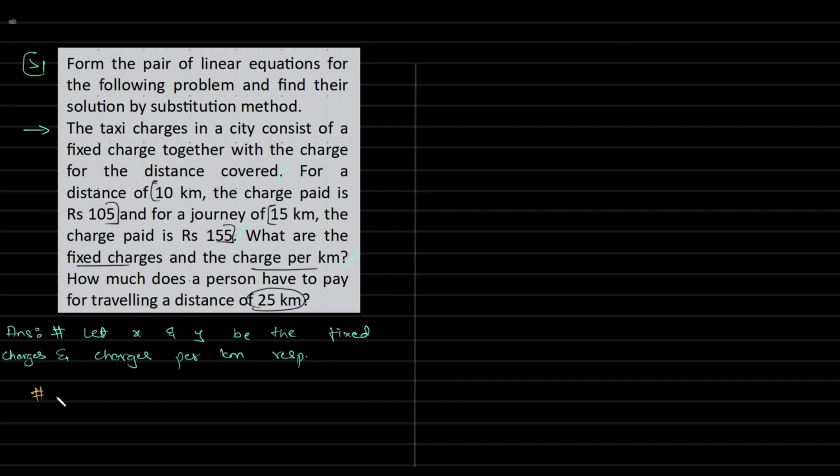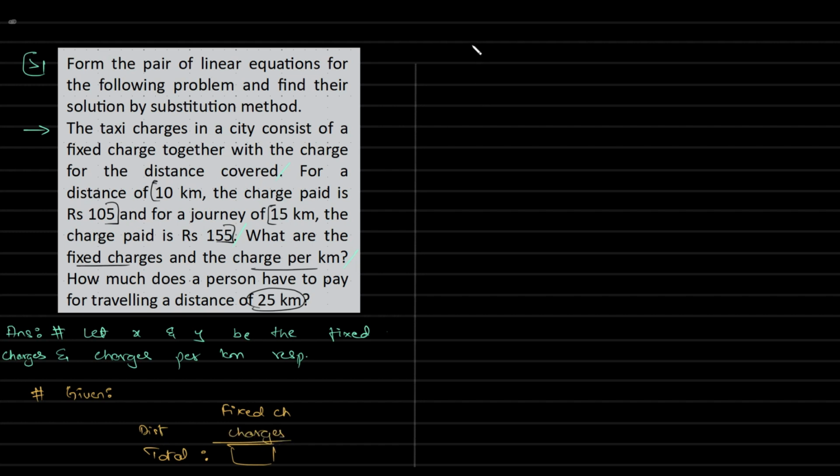So the next thing is we have to form the equations. What is given? A person pays 105 for traveling a distance of 10 kilometers. If you imagine looking at the bill, you have the total amount, which will be divided across as fixed charge and the distance the person has traveled and the charges for that distance.